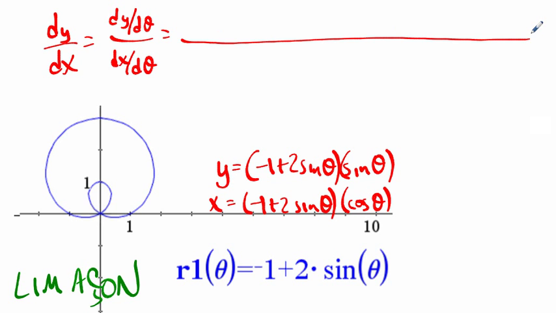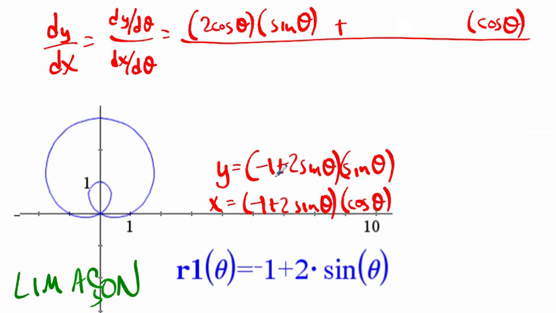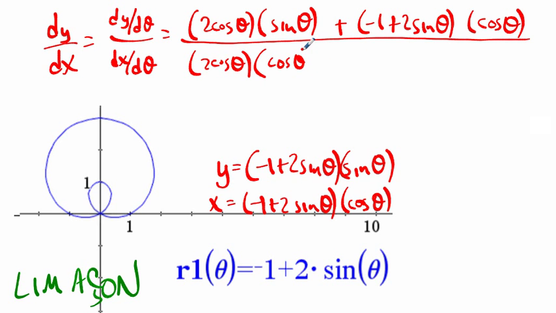So dy d theta, that's product rule. That's 1 prime 2 plus 2 prime 1. Dx d theta, 1 prime 2 plus 2 prime 1.